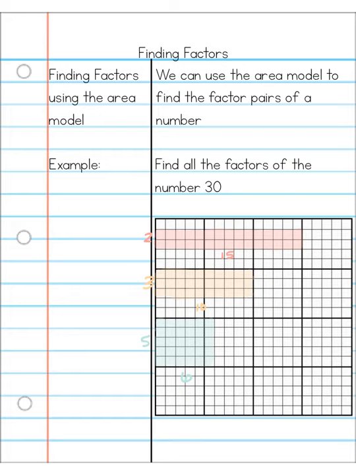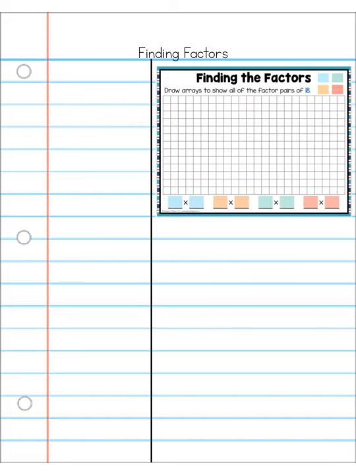So all my factors of 30 would be 1, 2, 3, 5, 6, 10, 15, and 30. Now I want you to use the area model to try and find all the factors of 18.